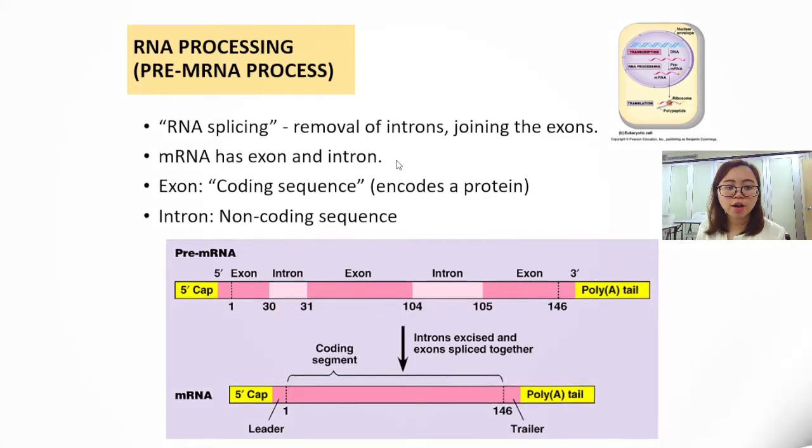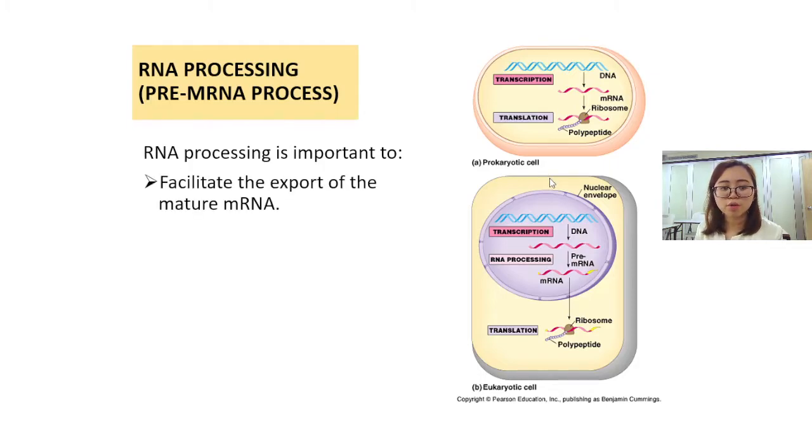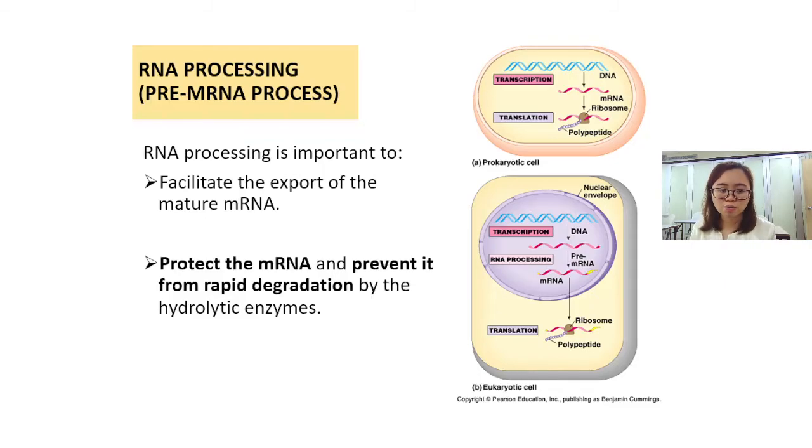Okay, so after RNA splicing, we talk about why it is important for us to do the RNA processing. RNA processing is important to facilitate the export of the mature mRNA. Kalau sudah splice, lebih mudah untuk mRNA itu dipindahkan daripada nukleus kepada cytoplasm.